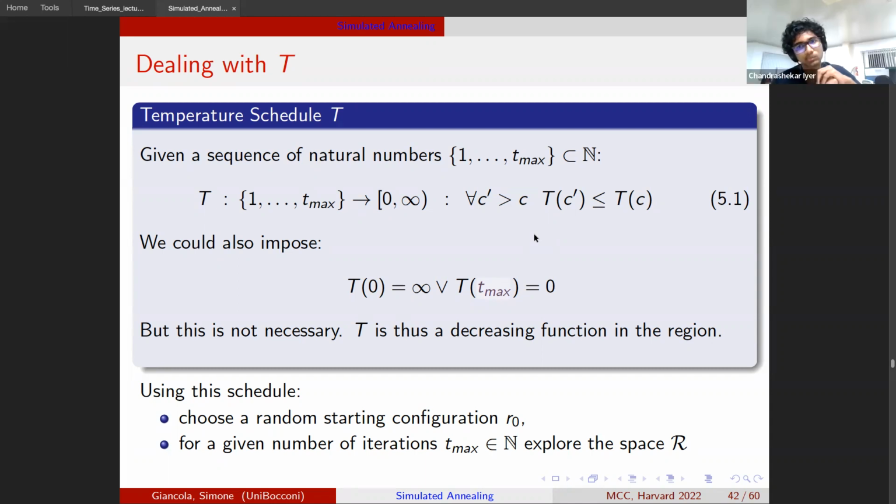You need to see how difficult the problem is, and so how long you need to create the schedule. The things you have to set are the time and the temperature, and how this temperature decreases. There are a lot of ways in which you can change this process such that in the end, the final configuration is different. So it's a case by case thing.